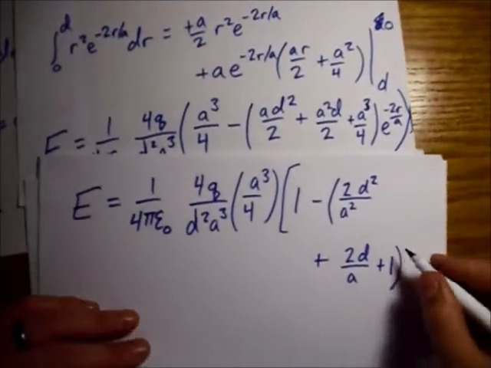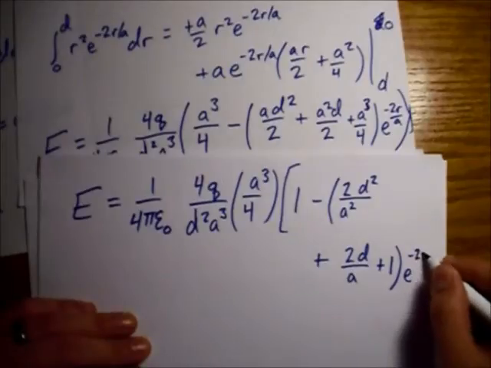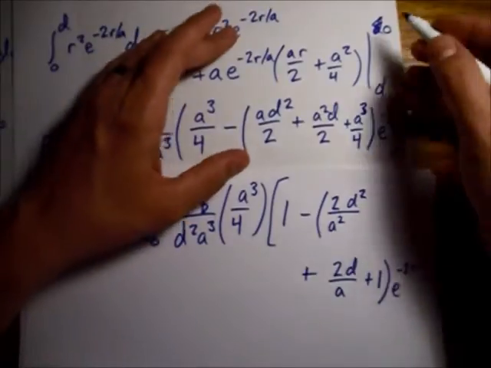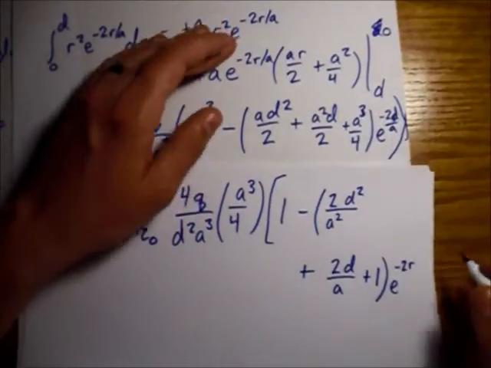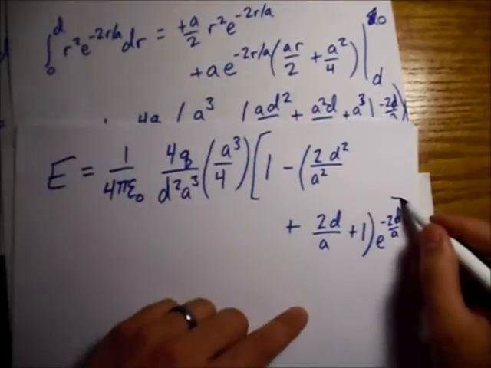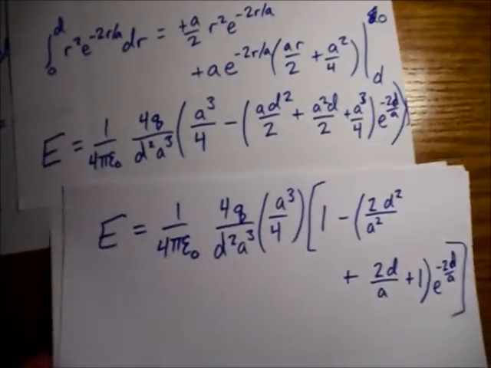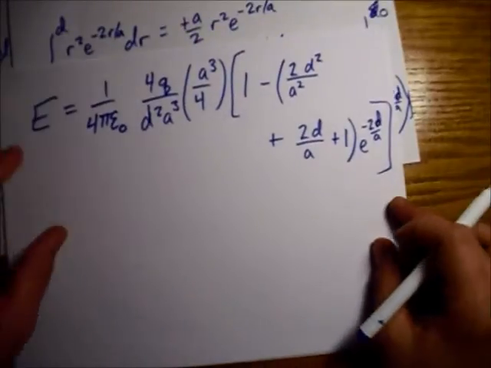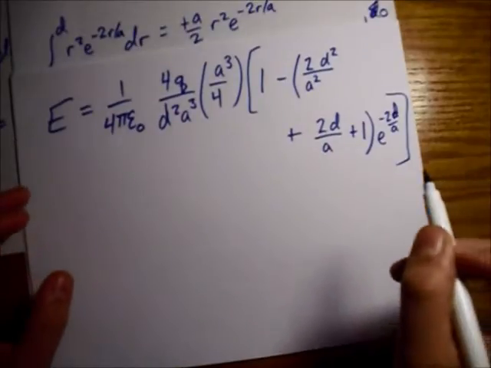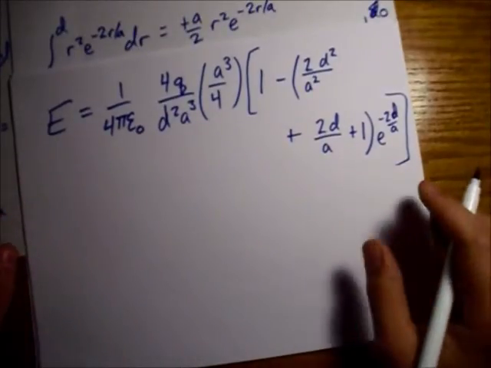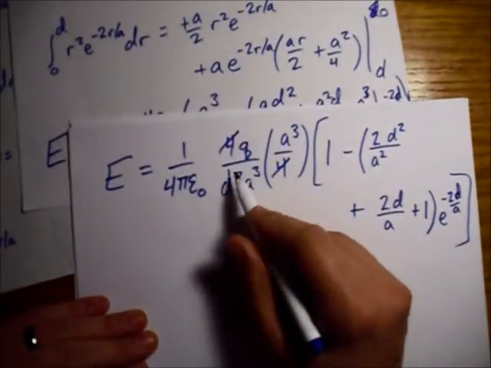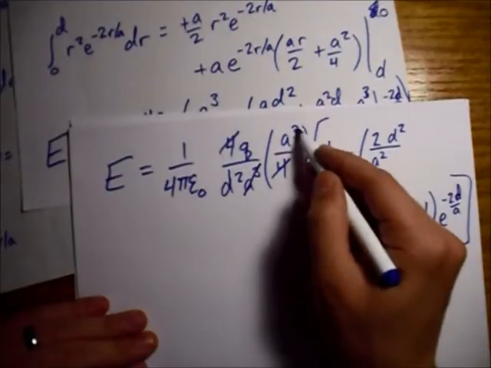Okay, and then of course our e to the minus 2r, oh excuse me, this is a 2d now, isn't it? Because we were plugging in our limits of integration. 2d over a. All right, and then we have a closed bracket. I think we're good up to this point. One thing we can do is cancel out this 4, and we can cancel out this a.